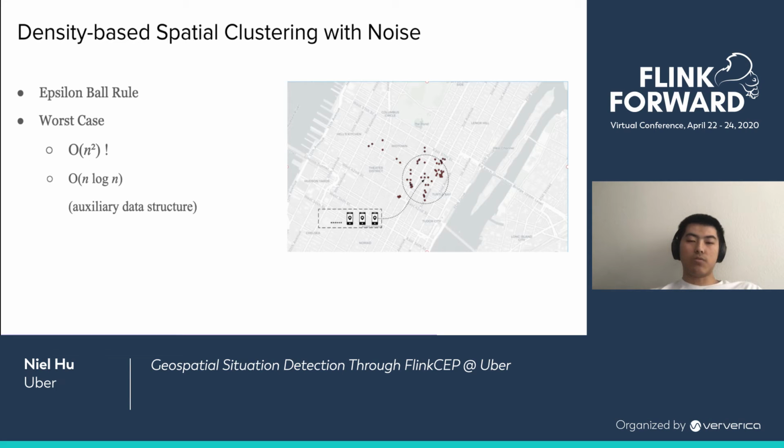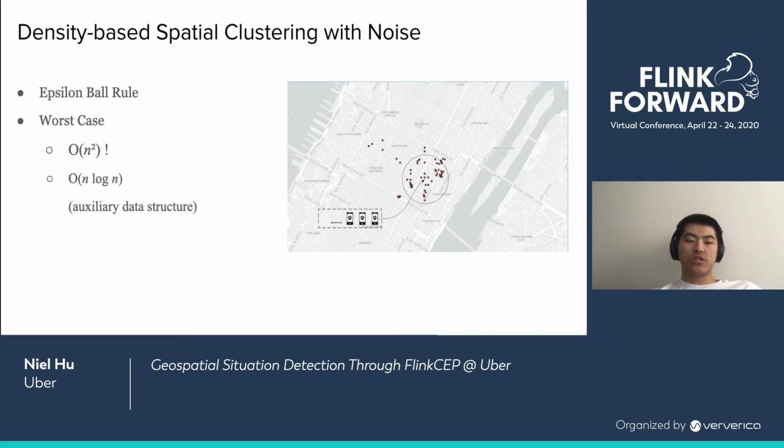Then you define a threshold. If the number of points within the ball is above the threshold, you identify the center point as the origin of a cluster. And then you apply the same procedure on its neighbors, in iterations, and expand the cluster. The procedure ends when you go through all of the points on the map. So it's straightforward, easy to implement.